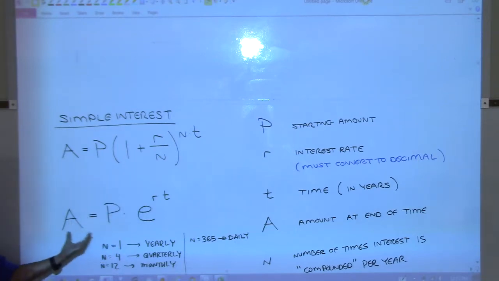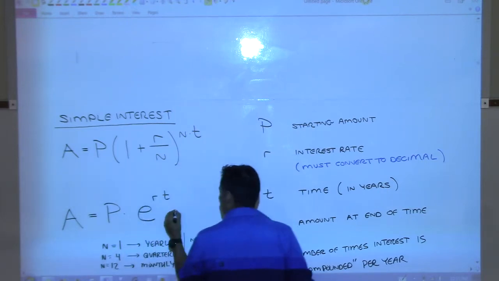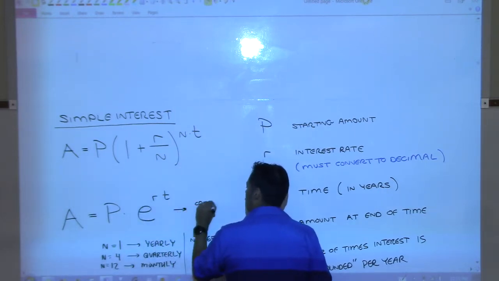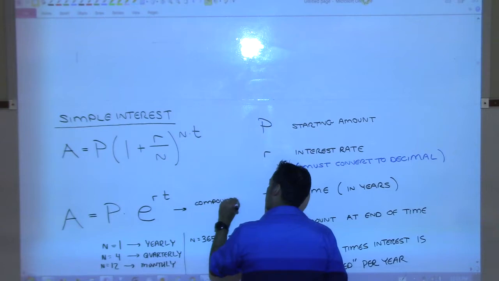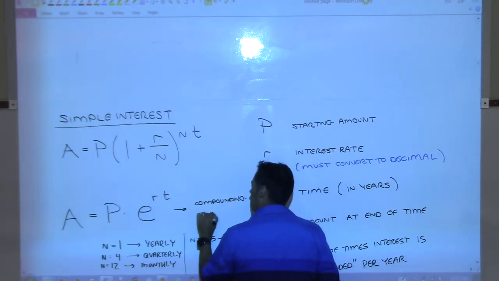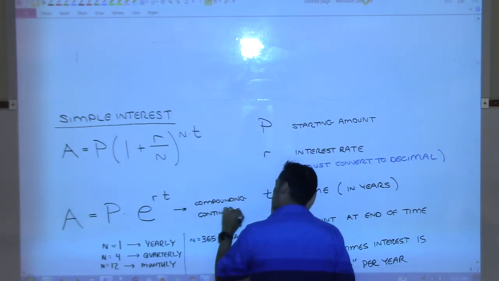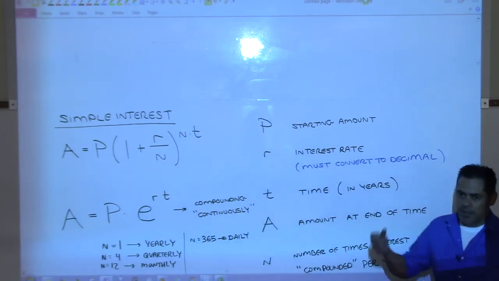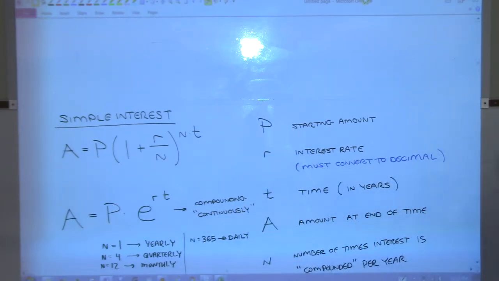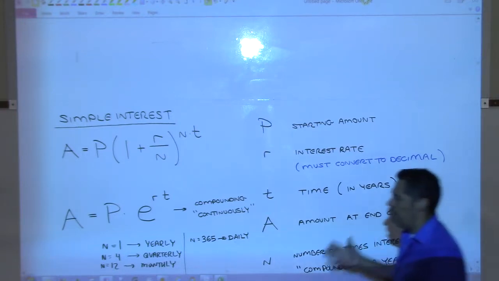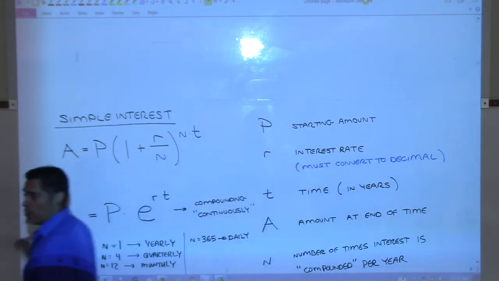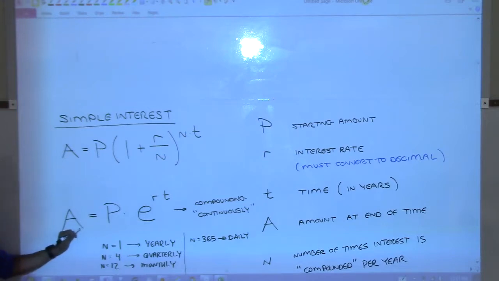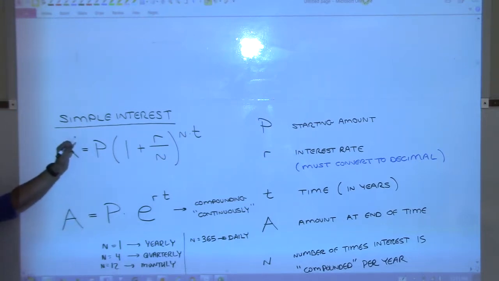So there's a special word for this one. We only use this formula when they tell us we're compounding continuously. So when you see continuously in the word problem, it tells you to go to that formula right there. If they tell you the interest is compounded monthly, you're going to use that formula.